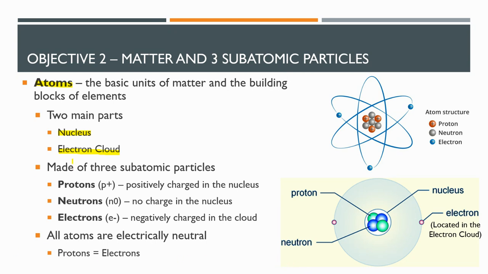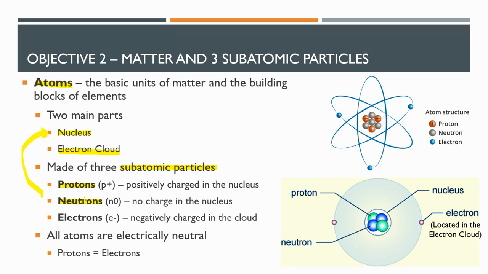The two main parts consist of smaller parts, which we call subatomic particles. Sub just means below, so these are the smaller parts that make up the atom itself. The first two we're going to look at are protons and neutrons, which you will find in the nucleus.